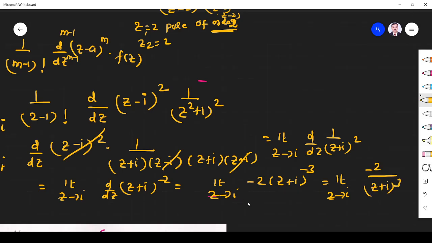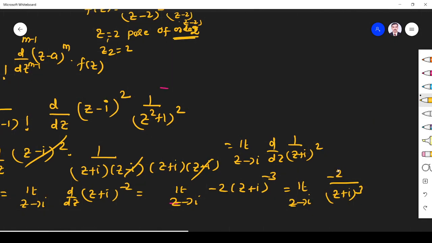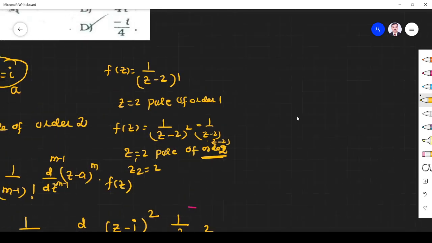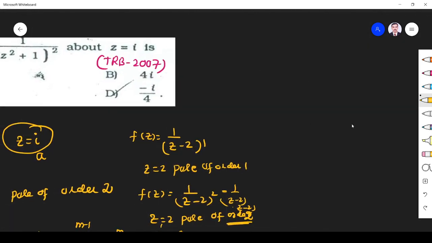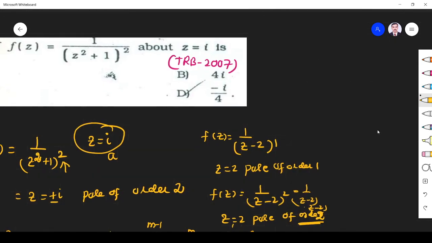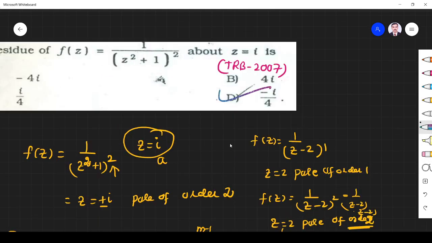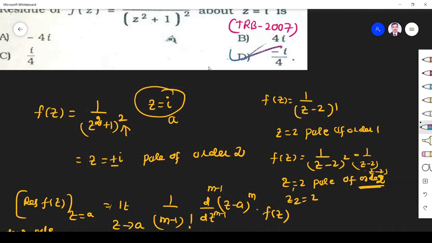You substitute z equal to i, so it will give minus 2 by (2i) whole cube. That will give minus i by 4. So the answer is minus i by 4. So option D is the correct answer, right? A tedious problem, but we can easily solve it.